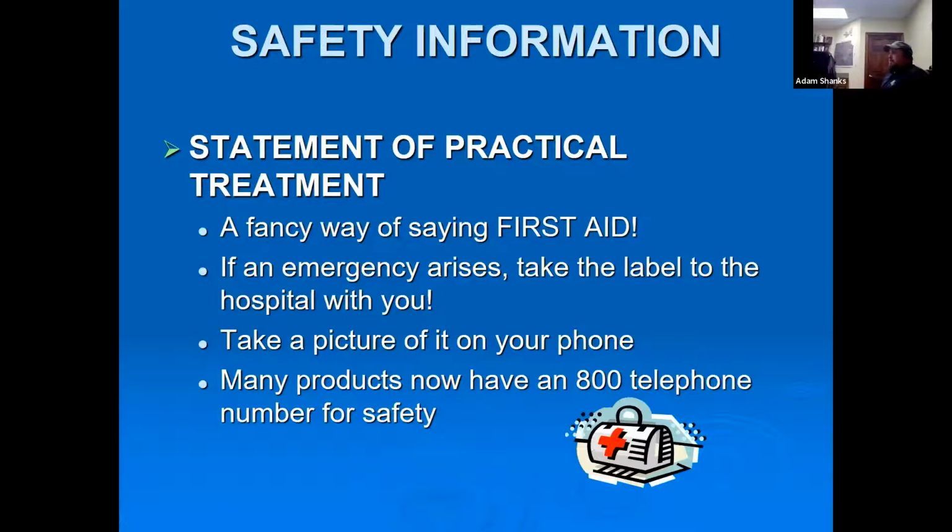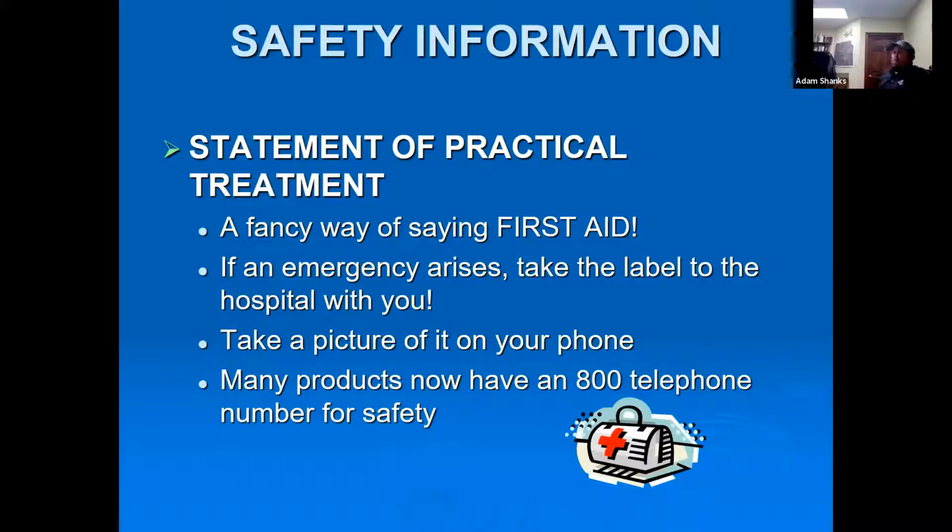That way, if something does happen and you have to go to the hospital, having the label or a picture of the label can quickly tell the doctors what treatment you need. The EPA registration number will tell them what the formulation of that pesticide is, and then they will know what they need to do to treat it.